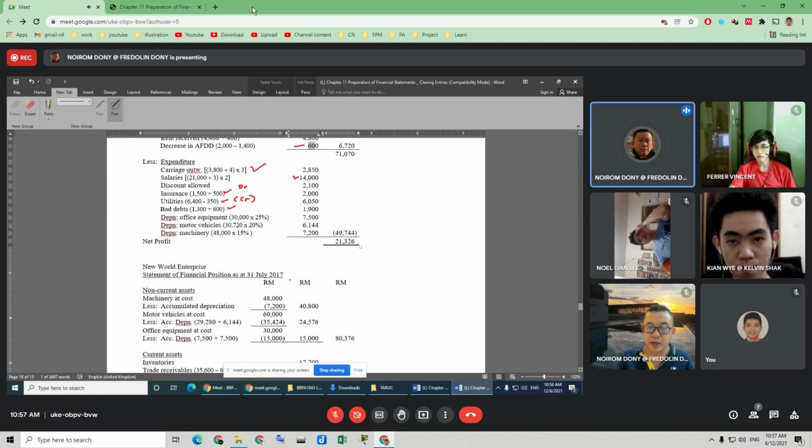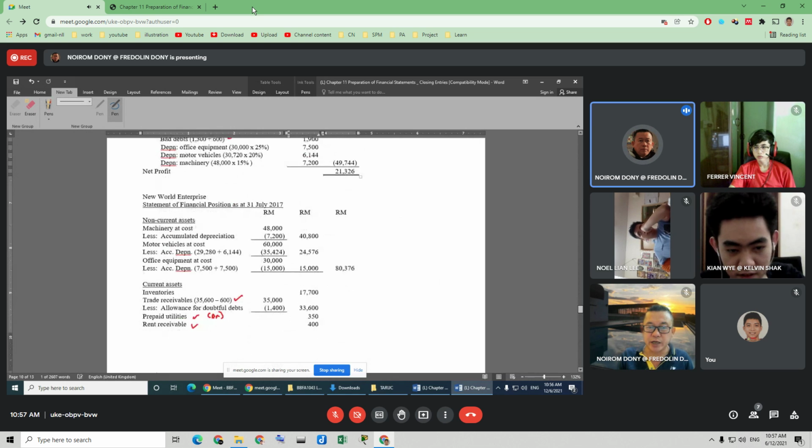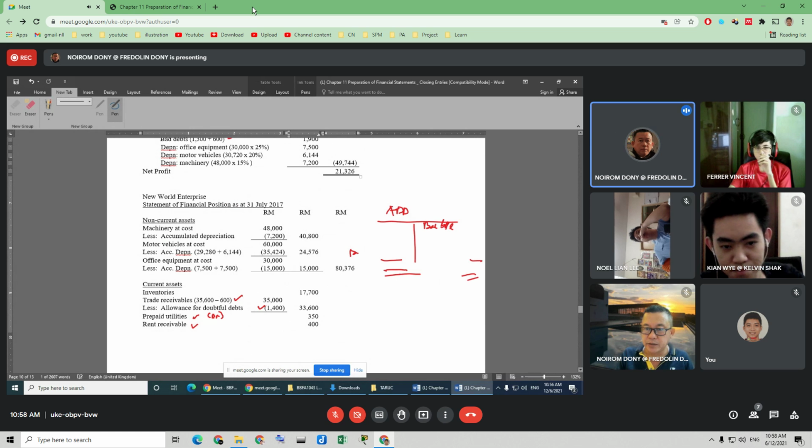Okay, credit. And where is the debit? So the debit is actually in the doubtful debts. That is, we use 1,004 here. That is, you see, if I do ADD, balance brought down, opening, closing balance, balance CD, balance BD. So this one is 2,000.